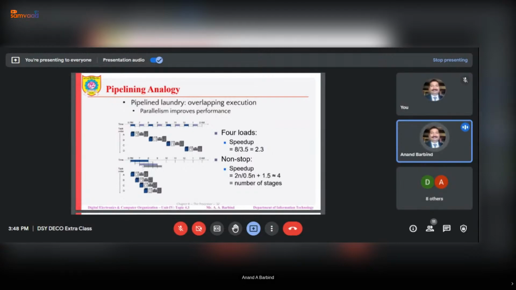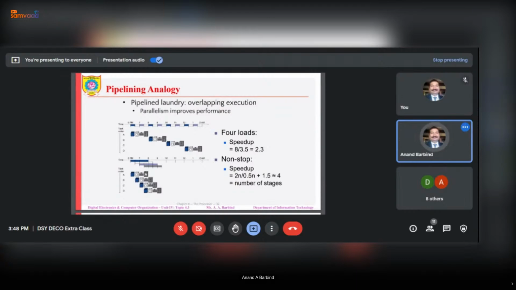Then at 7 p.m. what will happen? The A batch clothes are dried, so they will be taken up for pressing. B batch clothes are washed, they will be taken up for drying, and C batch clothes will be taken up for washing. Then what will happen at 7:30?